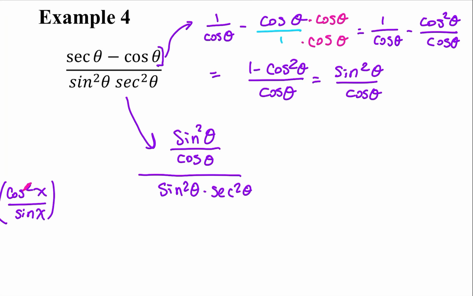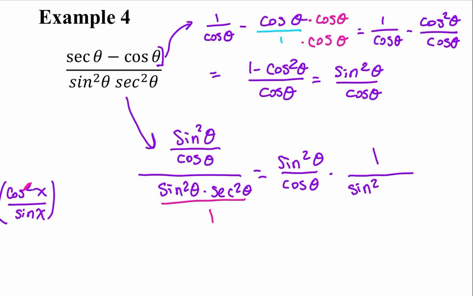So here I could definitely turn this into a fraction so that now I have a fraction divided by a fraction, and I can do keep, change, flip. So I'm going to keep that top part, sine squared over cosine, the same. Change to multiplication. I'm going to do the reciprocal of that denominator. So I'm going to put the 1 on top and the sine squared, secant squared on the bottom.